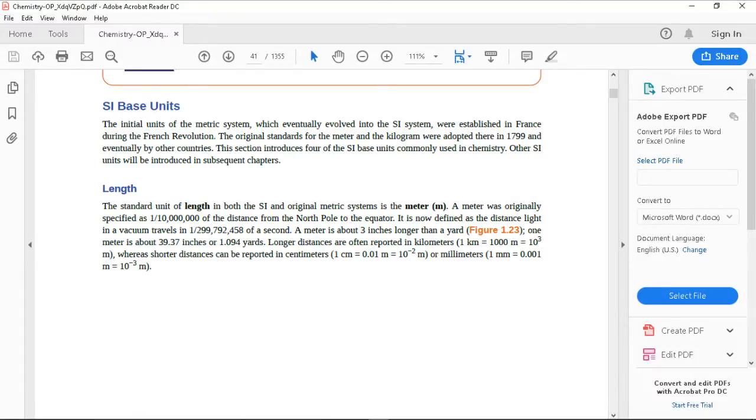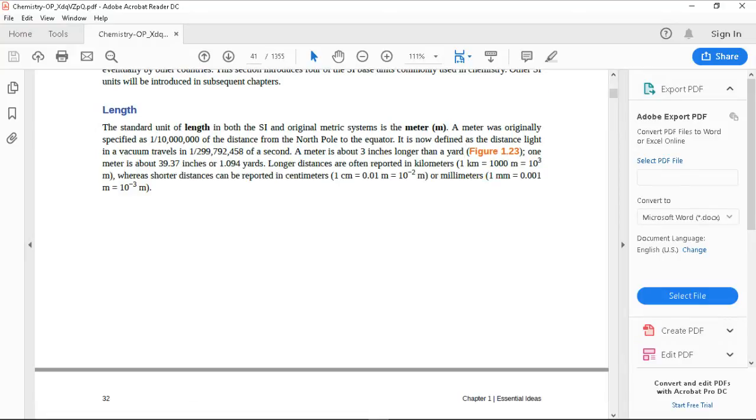Anyway, the original standards for the meter and the kilogram were adopted there in 1799, the last year of the revolution, and eventually by other countries. This section introduces 4 of the SI base units commonly used in chemistry. Other SI units will be introduced in subsequent chapters. Length: the standard unit of length in both the SI and original metric system is the meter.